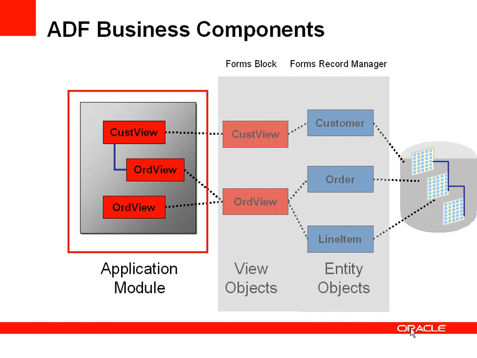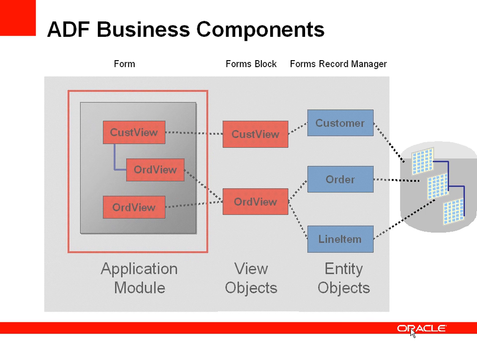View objects in ADF are really just the same concept as a Forms block. So a Forms block defined which attributes you were querying back, and you could define elements to the block such as properties such as the where clause or the order by clause to shape the data views. And the application module in ADF is actually performing a similar function to the form.